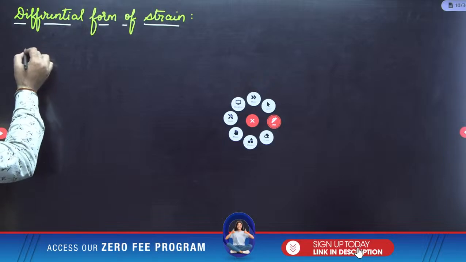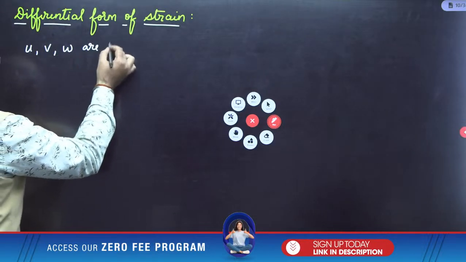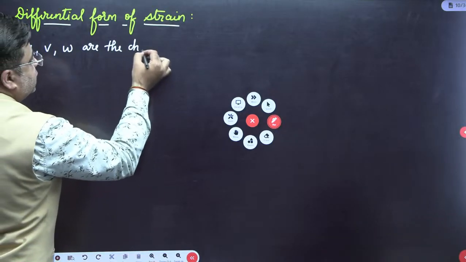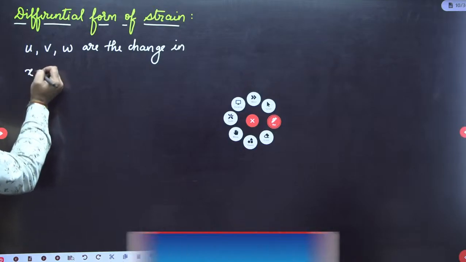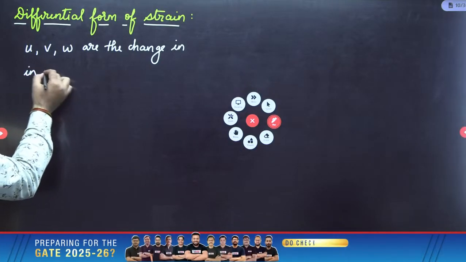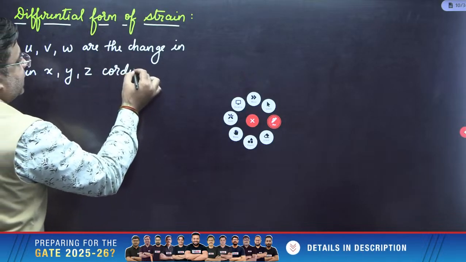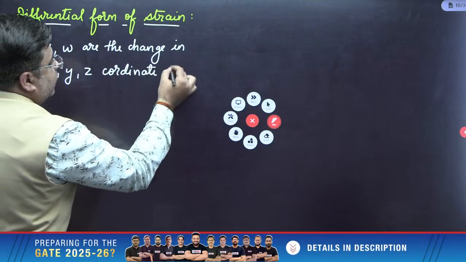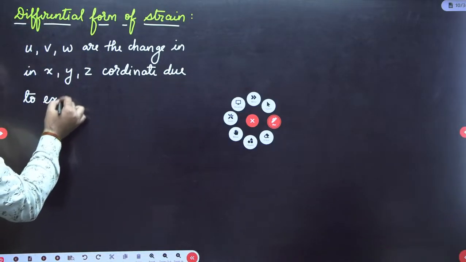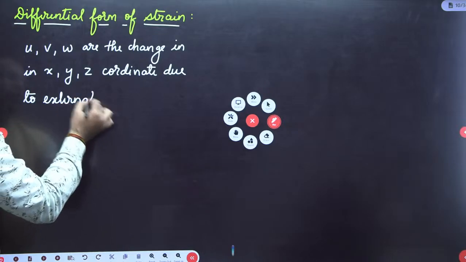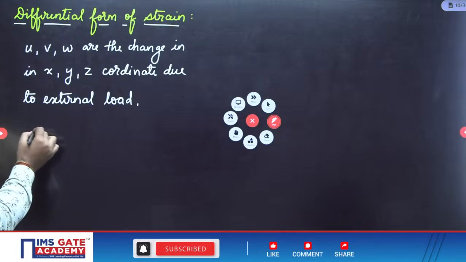So for example, if u, v and w are the change in x, y and z coordinate due to external loads, then what can you say about the normal strain in x direction?